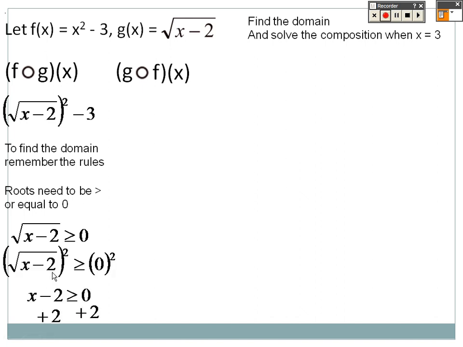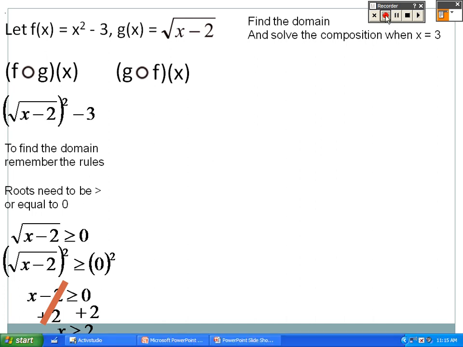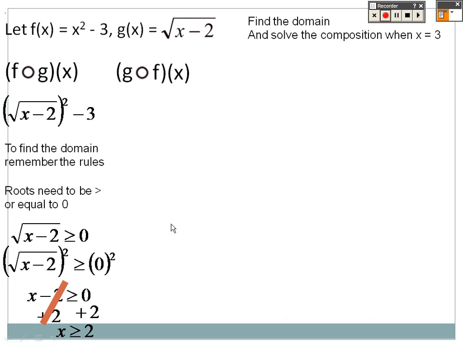So I add 2 to both sides, so I know it's whenever x is greater than or equal to 2. So where do they overlap? They overlap from 2 to infinity. So that's going to be the domain where they overlap, and that is from 2 to infinity.